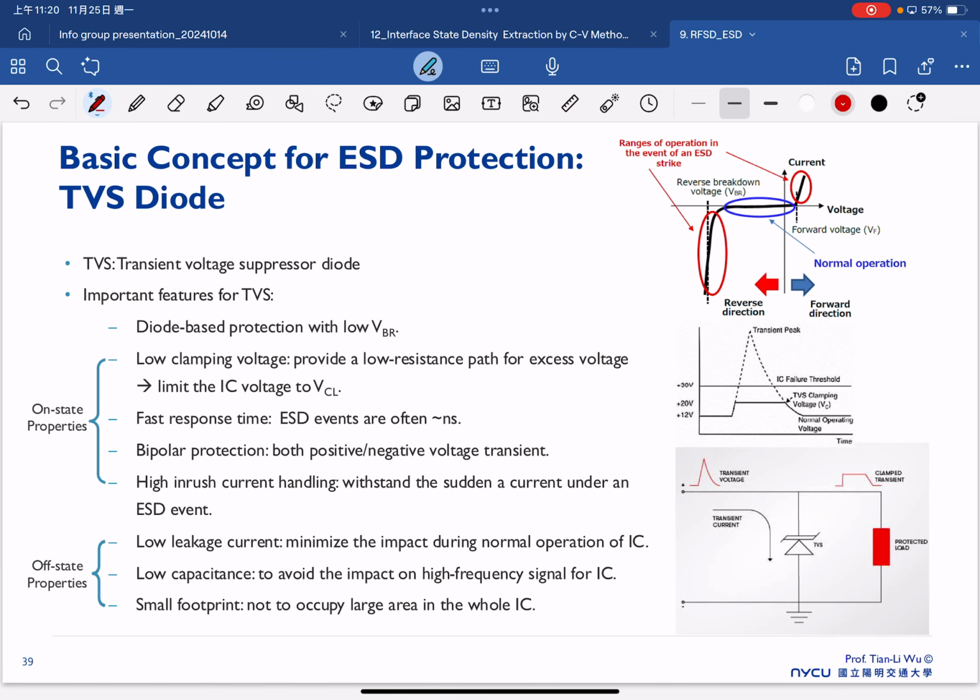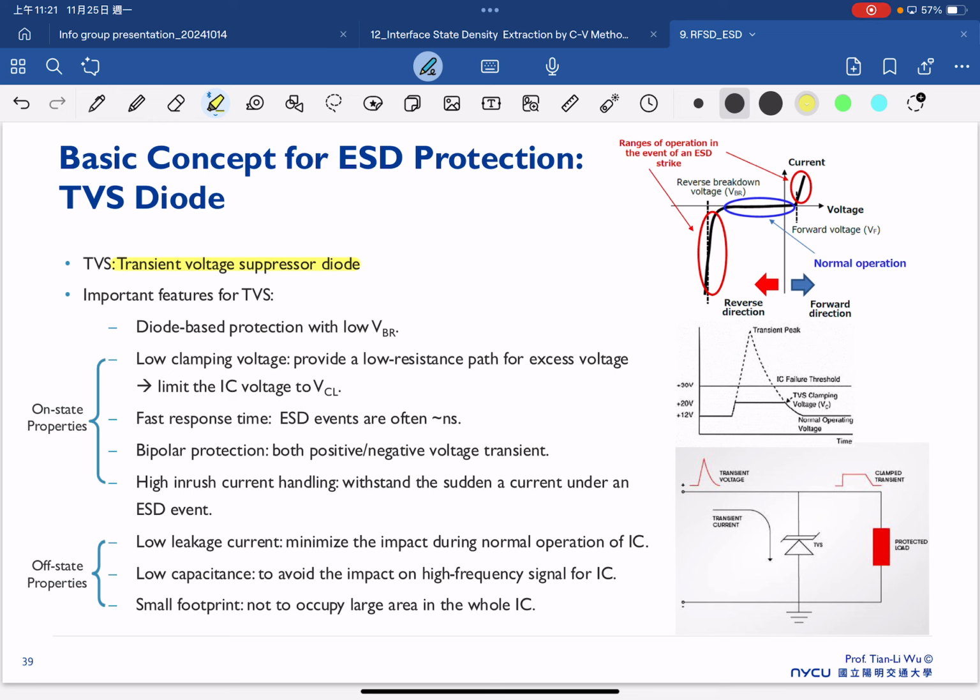And when we talk about the protections, we already talked about ESD clamping here. In the case of ESD clamping, we have different possible protections. The first one is what we call the TVS diode. TVS diode, the full name is the transient voltage suppressor diode.